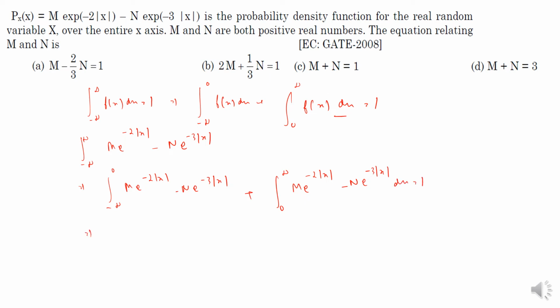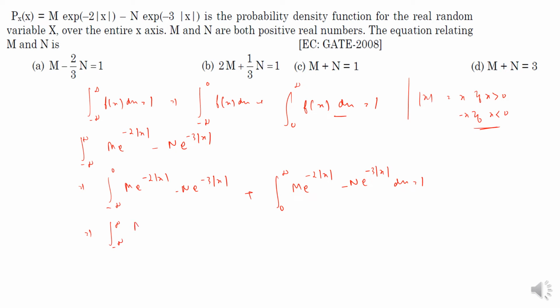Now see how it will change. As I told earlier, mod x is equal to x if x is greater than 0, and minus x if x is less than 0. Now, minus infinity to 0 means x is negative, right?